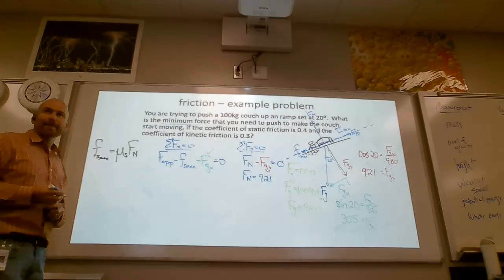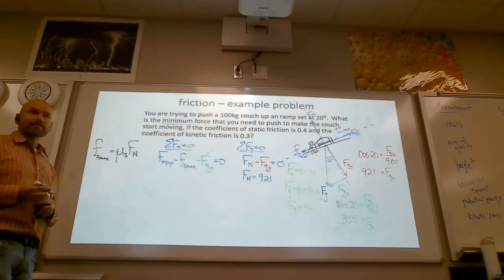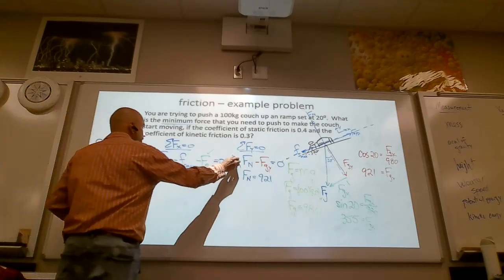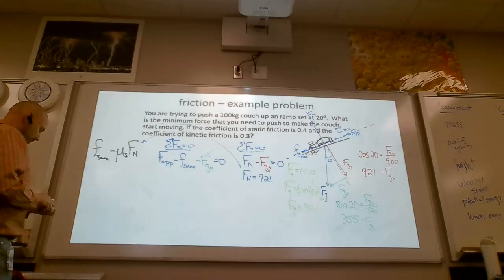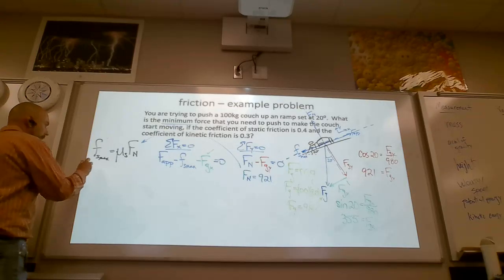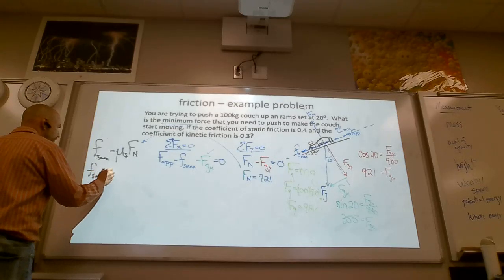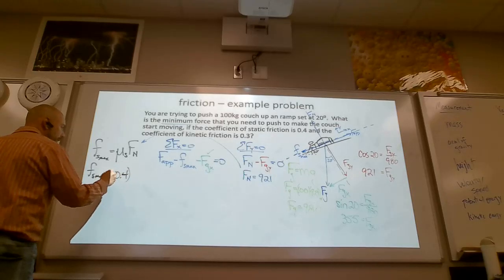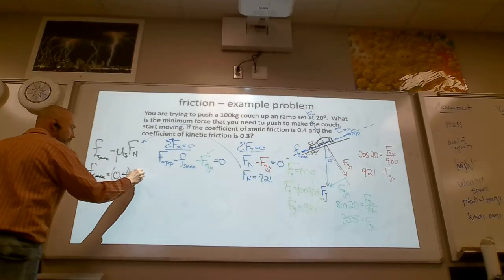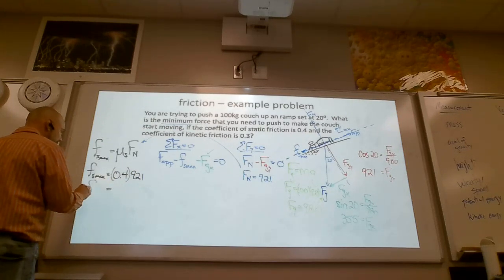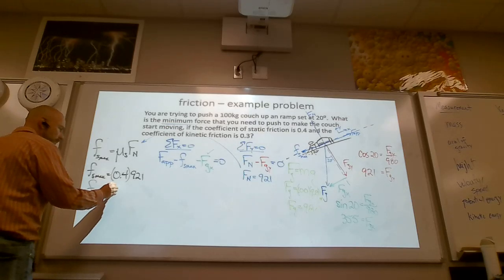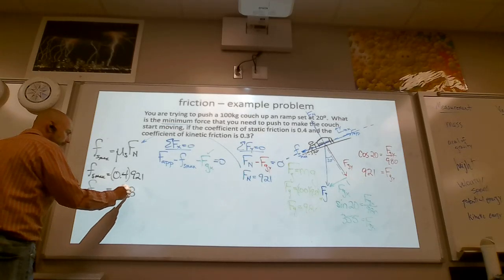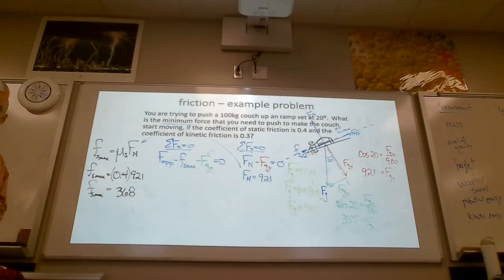What can I do with that? Okay. So I have maximum static friction is equal to 0.4 times 921. So my maximum static friction is equal to 368. What do I do with that?